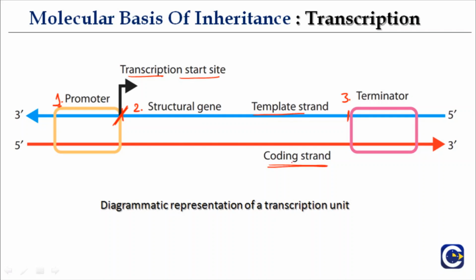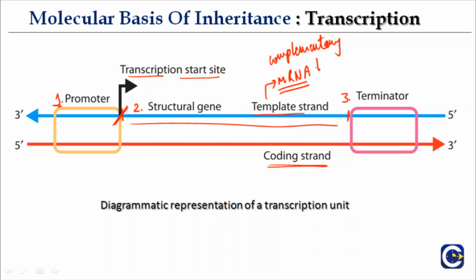It is very important to know what a template strand and a coding strand are. The template strand acts as a template for the mRNA. The mRNA that is formed will have a sequence complementary to the template strand, because the template strand provides the sequence for transcription.